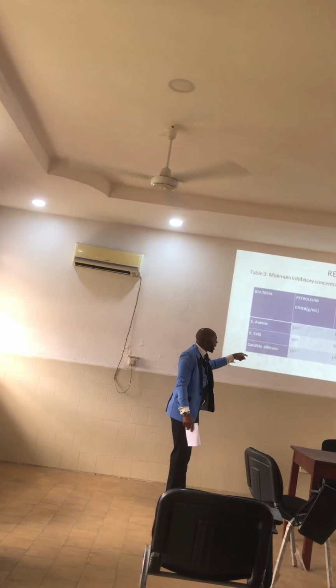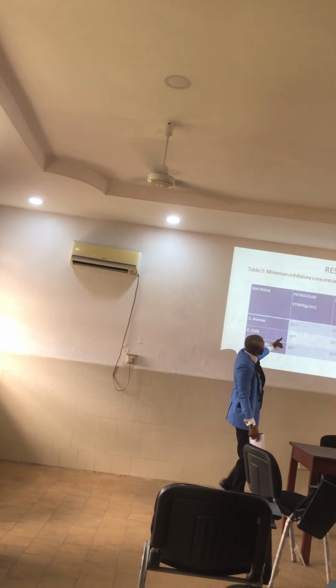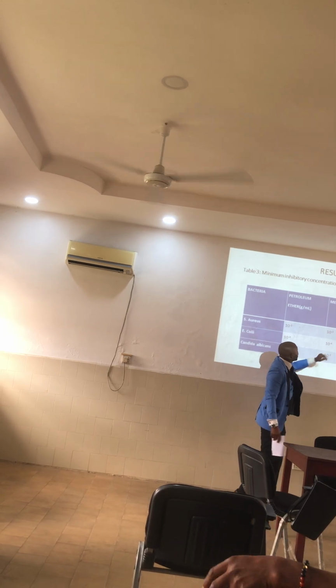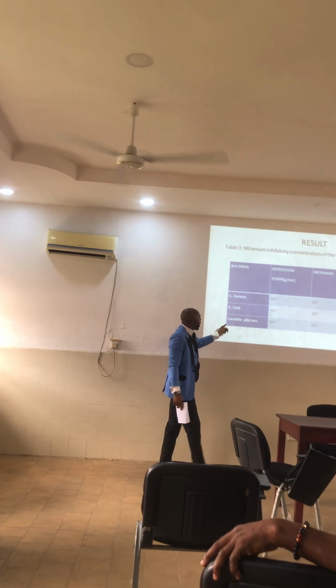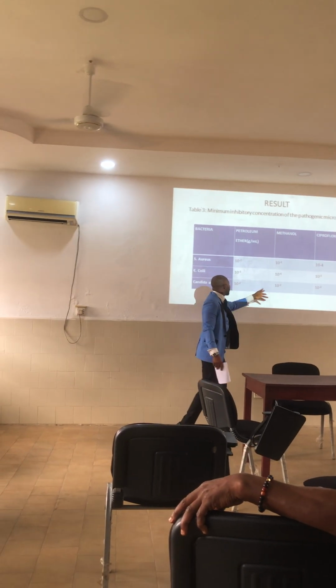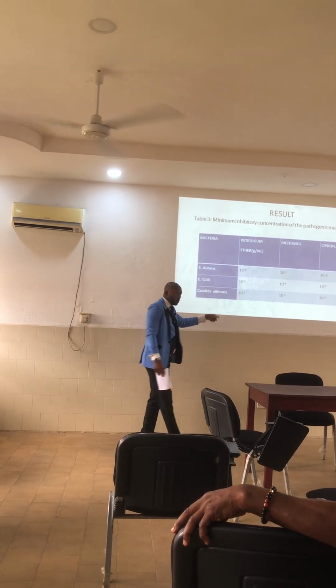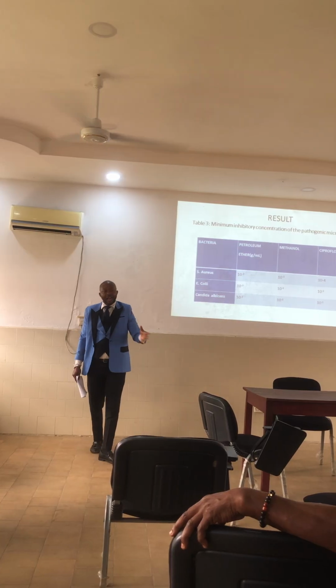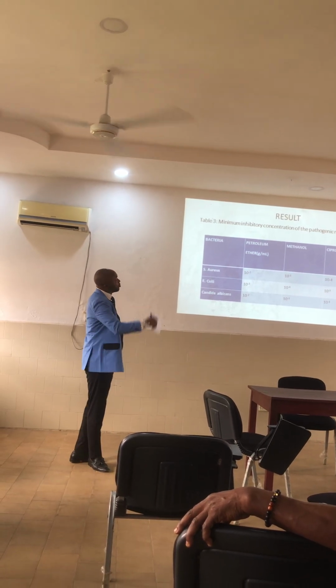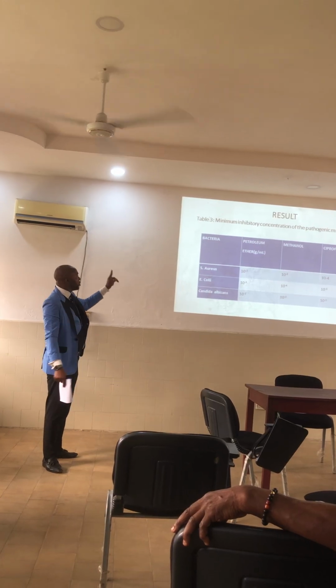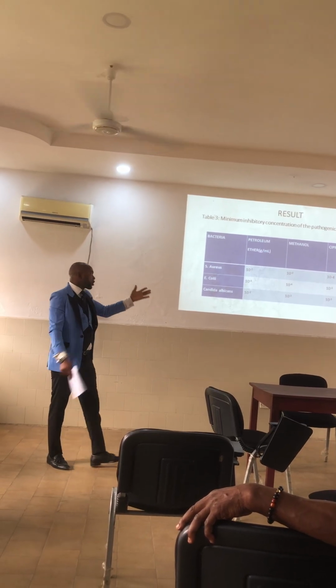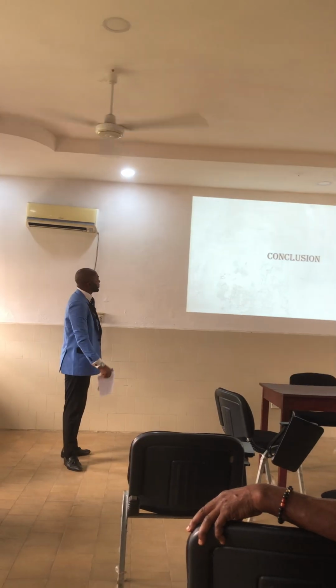But for E. coli, we realize that this and this were the same, but methanol was more potent in that sense. And in the last one, Candida albicans, the 2 here are the same, while that of petroleum ether is lower. That was the reason behind me abandoning petroleum ether to move on with methanol, because from my observation, it was more potent than petroleum ether, because I have a control, ciprofloxacin, which I could compare with.